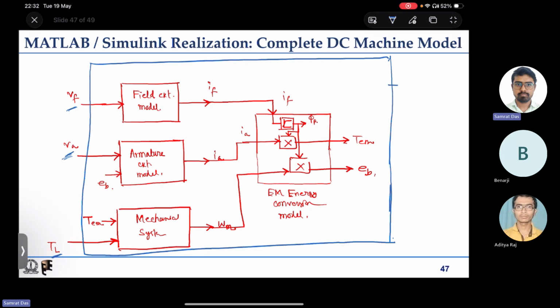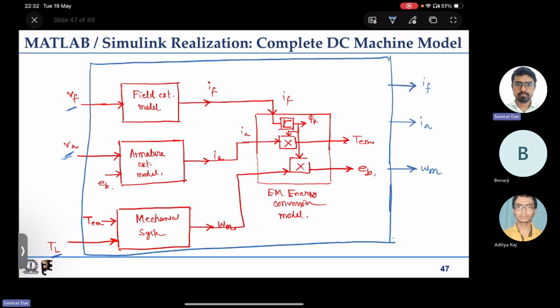So what are the outputs? One output that we can surely measure is the field current. Another output is the armature winding current, which we can also measure. Torque is not directly measurable unless we have very high end torque transducers, so I will not consider it as input or as output, but we can measure the speed, the omega m.